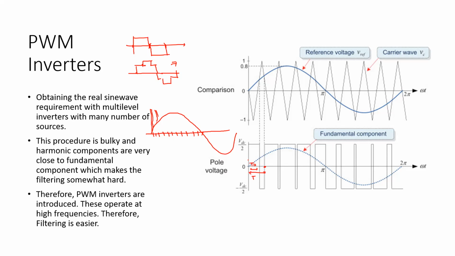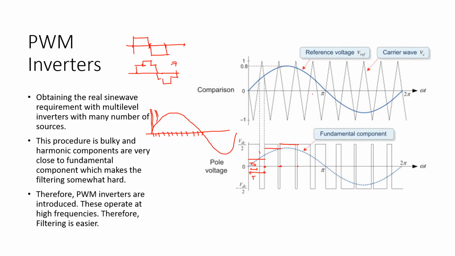So your average will be something like this. If you take this region, your average will be something like this. If you take this region, it will be something like this. So likewise, you can obtain the same voltage waveform you obtained in the previous multi-level inverters using these PWM inverters.